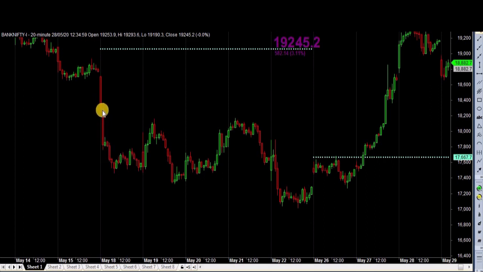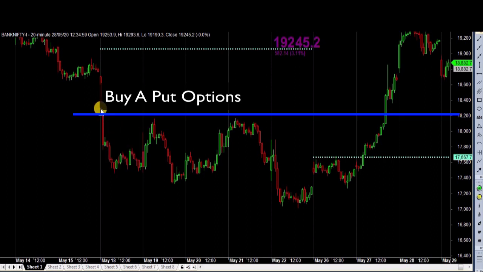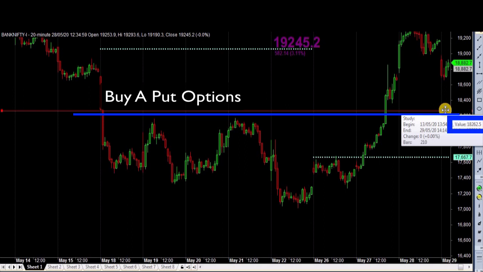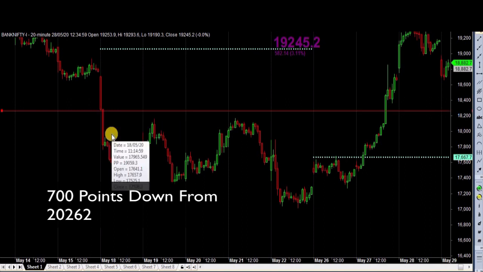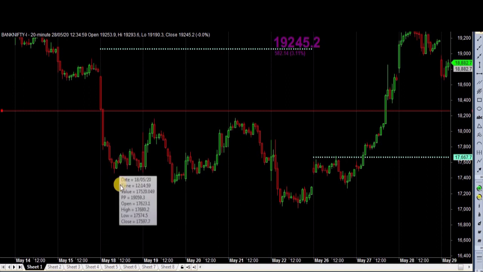So what you need to do is buy a put option. Now, 700 points down from here. What is the value of this? You can see the value is 18,262. So our target would be 700 points down from this line. So 18,200, 18,100, 18,000, 17,900, 800 and 700.